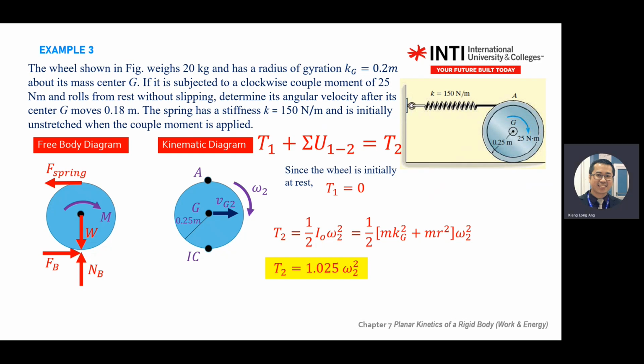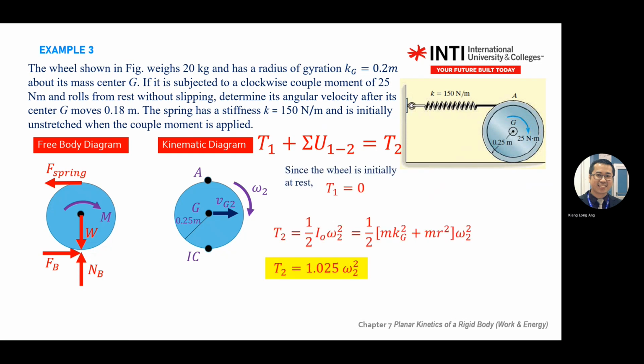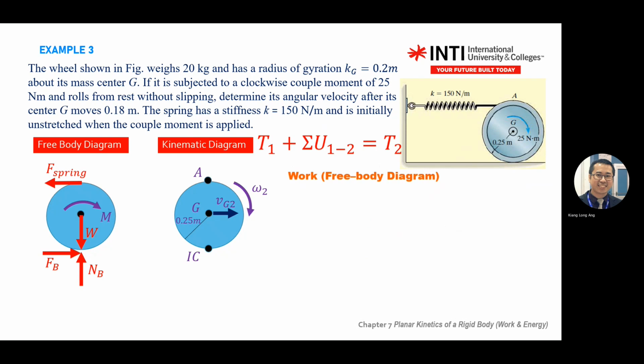So T2, you substitute the value, you'll get 1.02. Okay, you can take the G point. Substitute. Then start to do the work diagram.